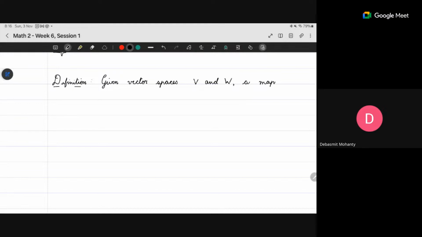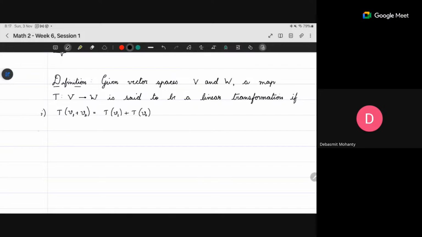A map T, I think, is the standard notation for linear transformations, is linear if T of V1 plus V2 is equal to T of V1 plus T of V2 and T of CV1.